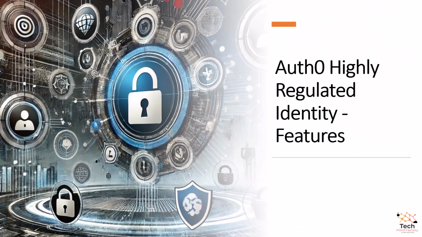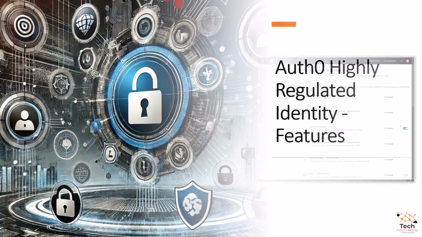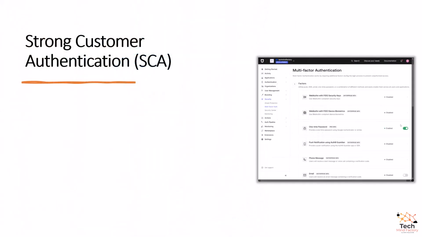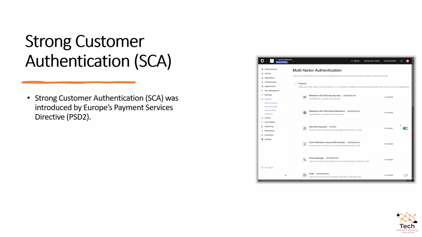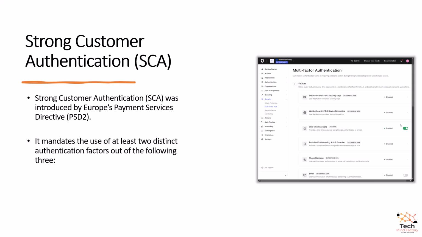Okay, so now let's talk about Auth0 highly regulated identity features. So let's start with Strong Customer Authentication or SCA. Strong Customer Authentication was introduced by Europe's Payment Services Directive, or PSD2 I mentioned before. It mandates the use of at least two distinct authentication factors out of the following three.